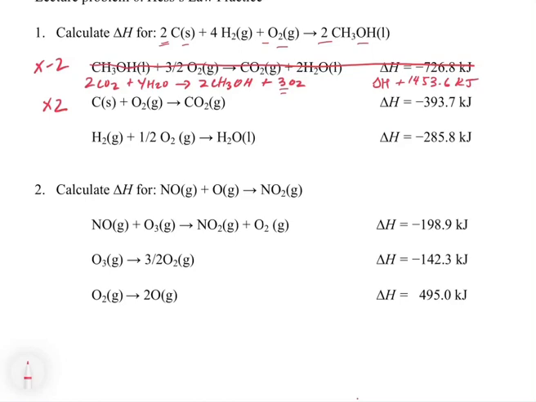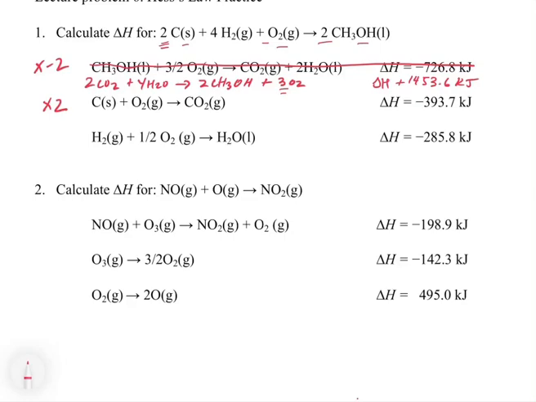However, if you notice, we have some oxygen in the first one. So this oxygen is probably going to wind up canceling out and working out at the end. So I'm focusing on the ones that only appear on one side. So the carbon solid only appears on one side and is not in any other reaction. So that's why I'm multiplying this one by 2. Because I know for sure that in the end I have to get my carbon to be a 2.